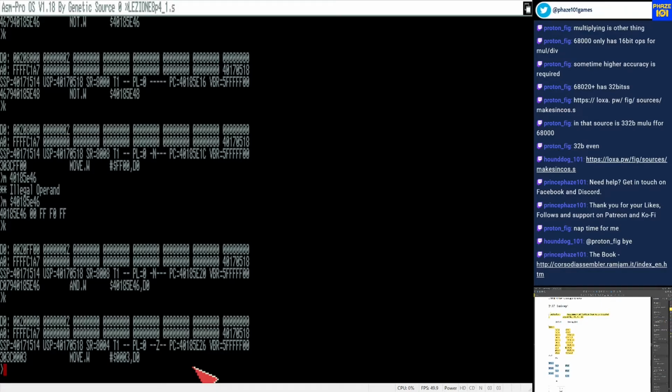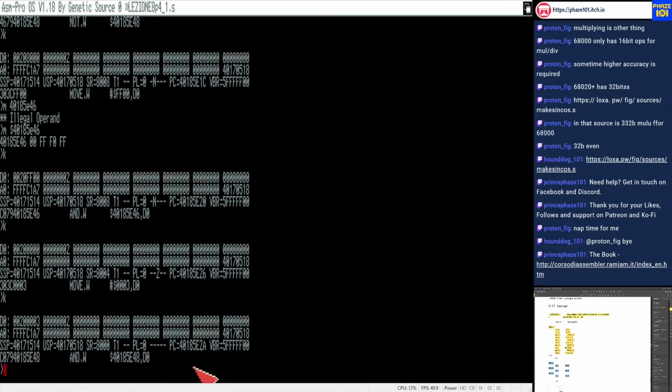Now we're going to do move 3 into the 0, always word. So you can see the 3 into the 0. Now we're going to do an AND with the value that is in data 2, which is F0FF.